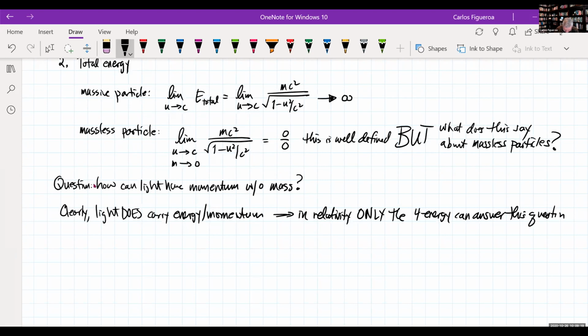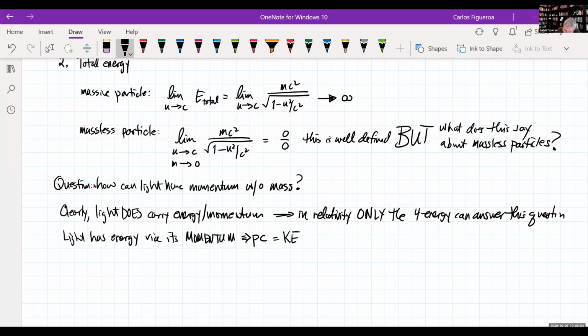And when I look at the four-energy, this is what I mean here. What it says is that light has energy via its momentum. But we have to be careful when we say momentum. What we really mean by momentum is pc, which is really kinetic energy.